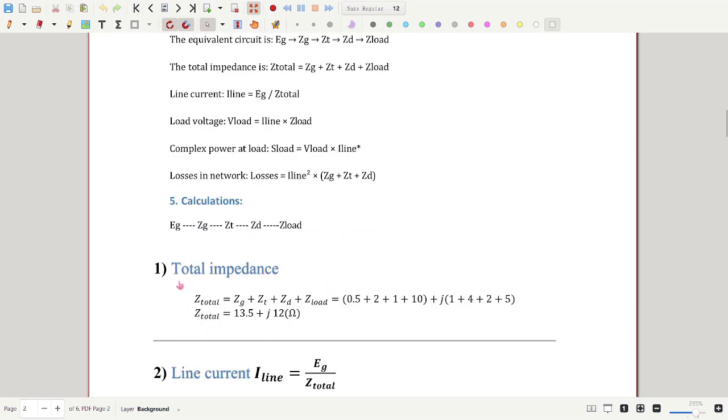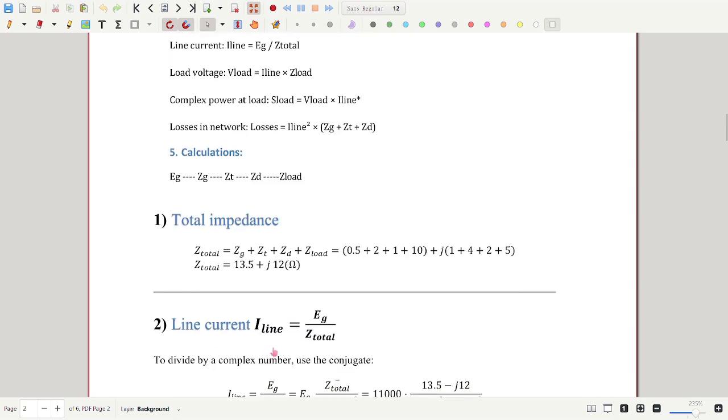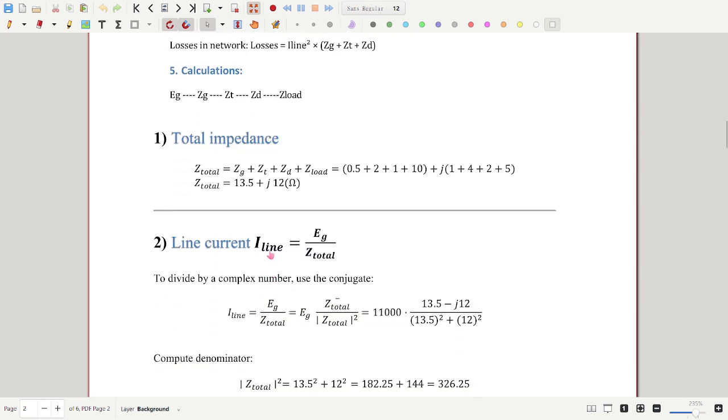First, we get the total impedance value as 13.5 plus j12 ohms. Next, the line current: EG is taken as 11,000, so 11,000 divided by Z total.